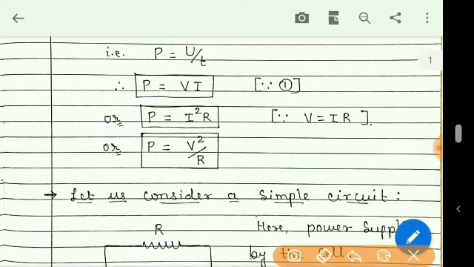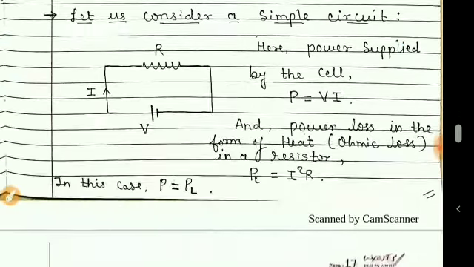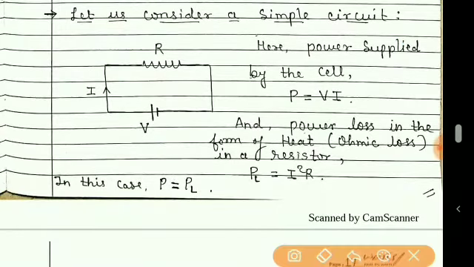Power P is I square R. So the heat produced in the resistor due to the flow of current is given by this.